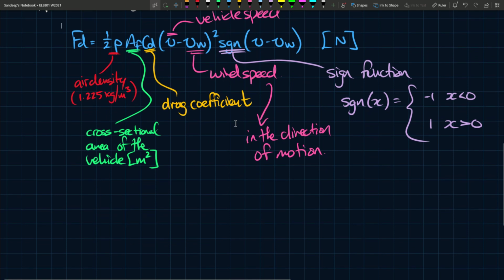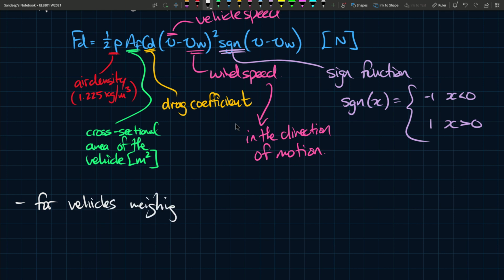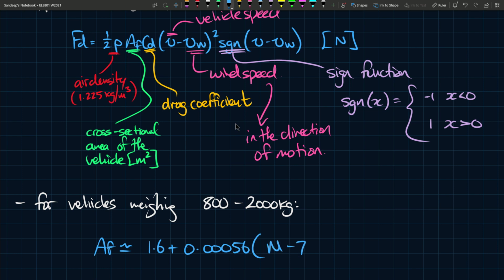Now, there is an empirical way to approximate cross-sectional area. So for vehicles weighing roughly 800 to 2,000 kilograms, and these are rough numbers, a lot of these things are empirical, we say that AF is approximately equal to 1.6 plus 0.00056 times (m minus 765).